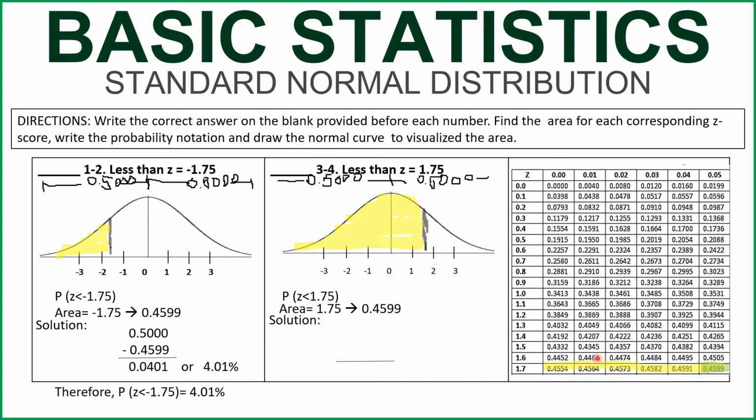So, how do you think we can get the area of this whole portion? What operation will we use? Is it addition or subtraction? Definitely, it is addition. So, that is 0.5 plus 0.4599. And our answer is 0.9599, or 95.99%.